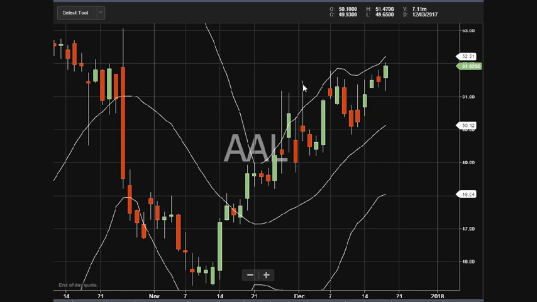And then again, it went above and was pushed back down quickly. So even though American Airlines is in a strong uptrend, if it goes above 2 standard deviations, they're typically going to push it back down quickly. Or if it goes below 2 standard deviations, they'll snap it back up, at least briefly.